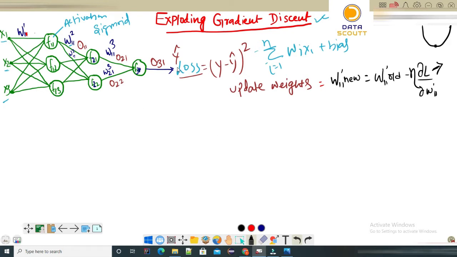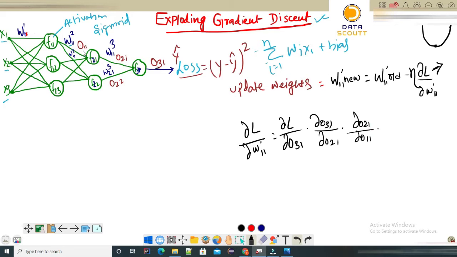So we know this loss is impacting our O31. So the derivative of loss with respect to the weight W11 is equal to the derivative of loss, which is impacted by O31, times the derivative of O31, which is impacted by O21, times the derivative of O21, which in turn is impacted by O11, and finally this output O11 is impacted by this weight.